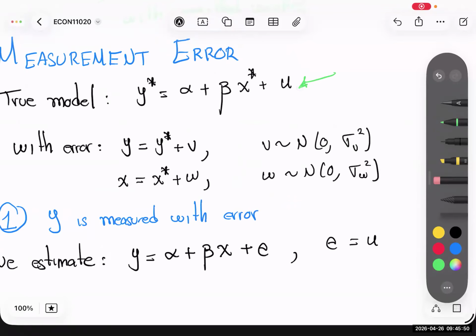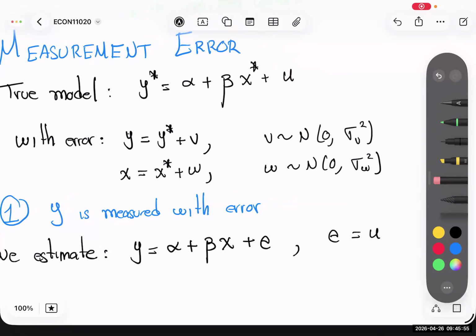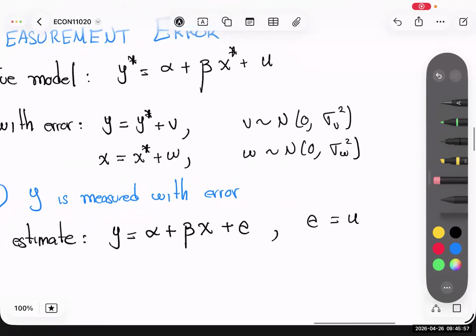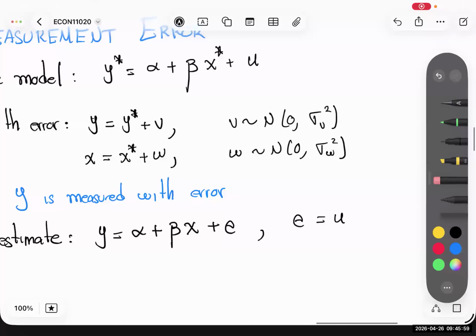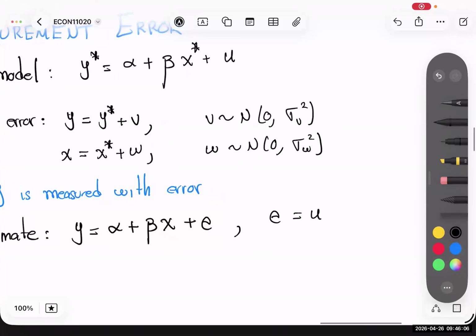But since y is located on the left-hand side of this equation, the error enters with negative sign on the right-hand side, right? So that's why instead of having u plus v, we will have u minus v.